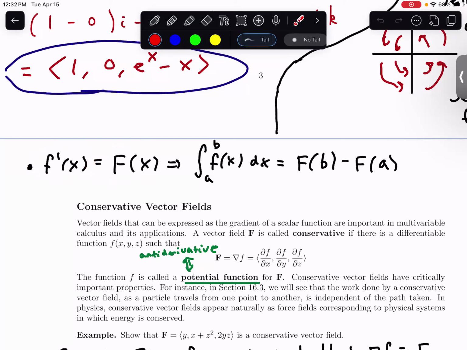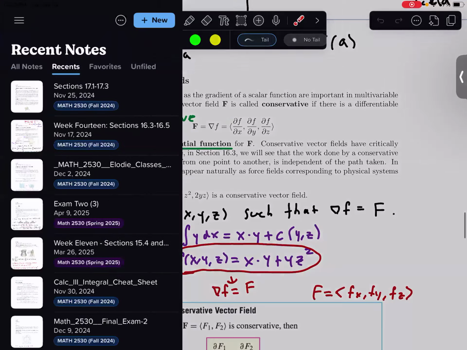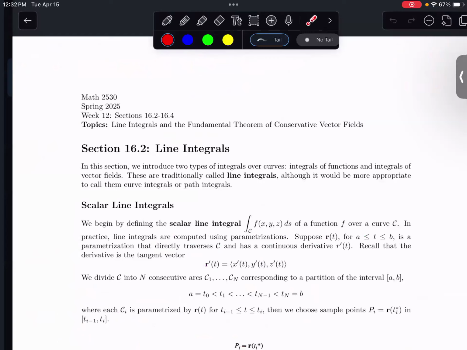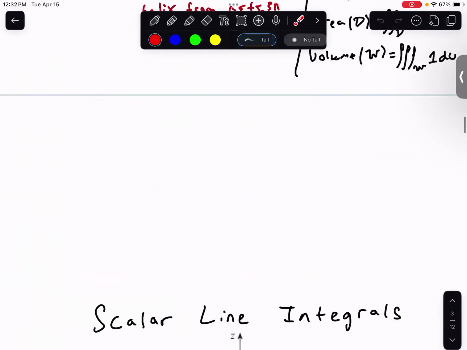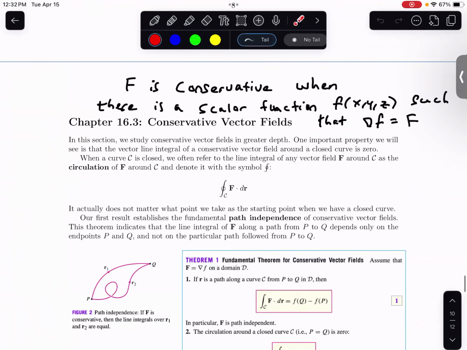And we know from the fundamental theorem of calculus that if you take the integral of f of x, that must be equal to f of b minus f of a, right? I think I have that mixed around actually. Anyways, so that's kind of the idea of what we're doing. I just need to scroll down. Okay, so this is how we're thinking about things.